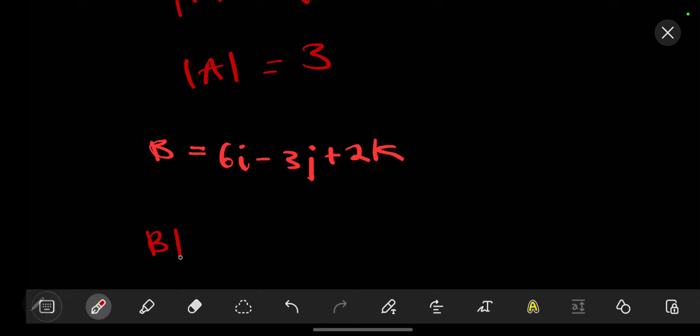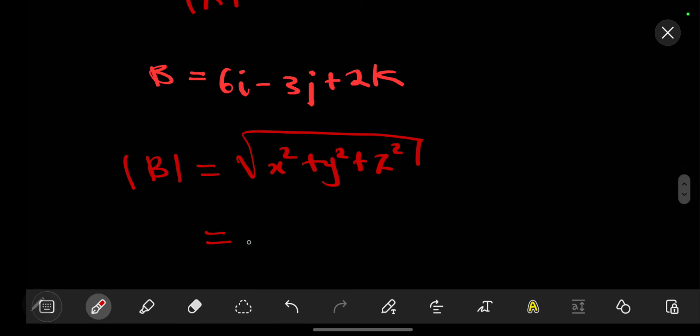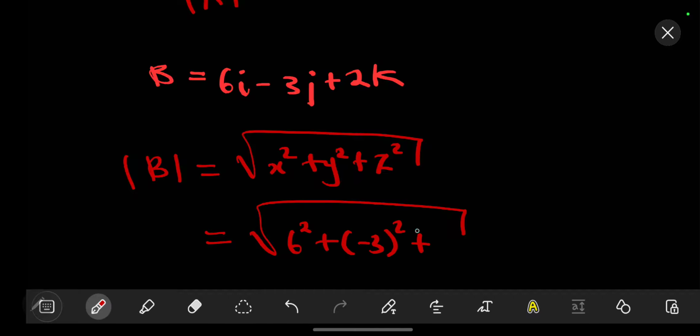To find the magnitude of B, we are going to say this should be equal to the square root of x squared plus y squared plus z squared. Then this will be equal to the square root of 6 squared, since that's the x, plus -3 squared, plus our z component, 2 squared.